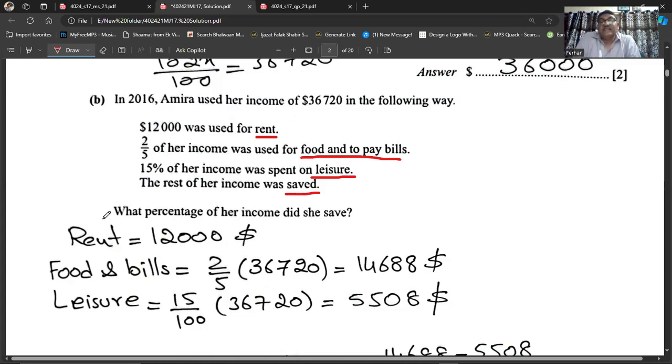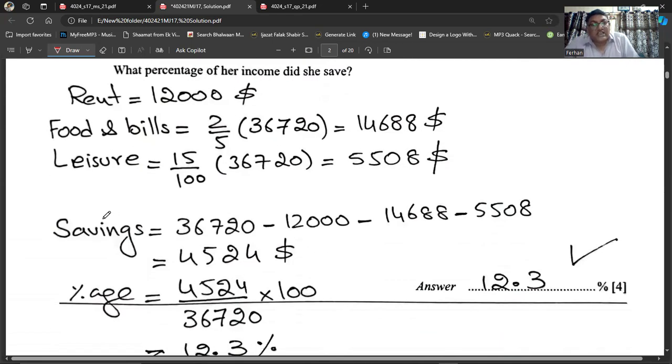The food and the bills is 2 by 5 of her income. So 2 by 5 multiplied by 36,720 is $14,688. On leisure, she has spent 15% of her income. So that is 15 by 100 multiplied by 36,720. So that will be $5,508. Now the savings is the remaining money.